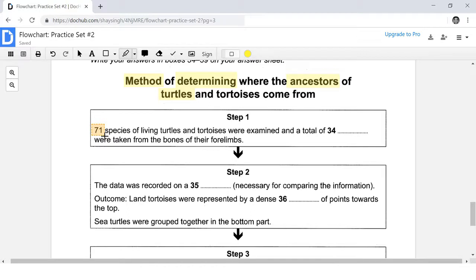So that's a number that's going to be very easy for us to find. Something about living turtles and tortoises. Those may be repetitive keywords. Okay, something here about examination. A total of what? Taken from the bones of their forelimbs. Okay, bones and forelimbs. So those are the keywords for question number 34.